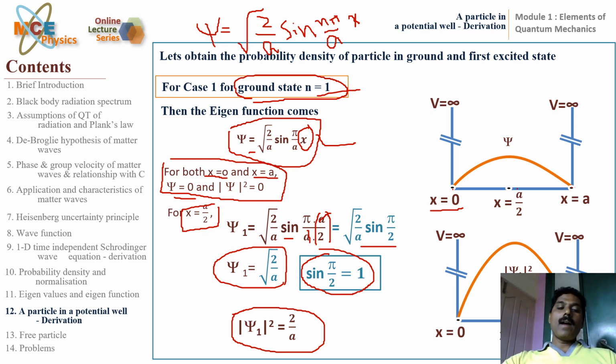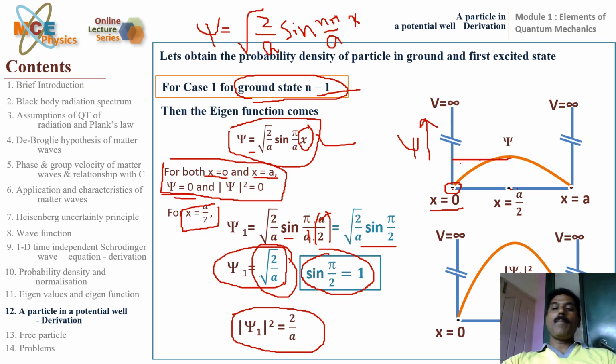Now, let us plot these values, assuming the potential well, as a graph. Along the y-axis, I am taking the psi value, and along the x-axis, as usual, the x values. Here you can observe that for the point x equal to 0, the psi value was 0. It is shown here. And for x equal to a by 2, the psi value is maximum, that is root 2 by a. The maximum value can be imagined to be at this position.